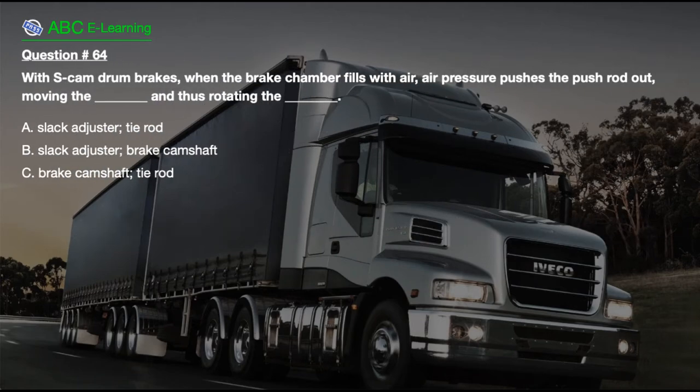Question number 64. With S-cam drum brakes, when the brake chamber fills with air, air pressure pushes the push rod out, moving the and thus rotating the A. Slack adjuster, tie rod. B. Slack adjuster, brake camshaft. C. Brake camshaft, tie rod.